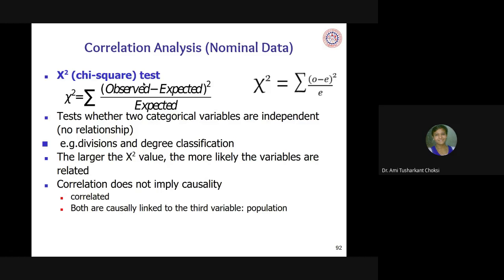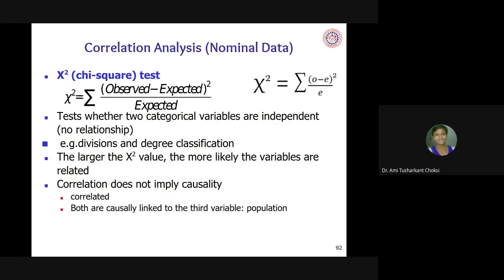For correlation analysis, there is one test, the chi-square test. Let us see the equation of it. It is written as capital X square, and it is said as chi-square.